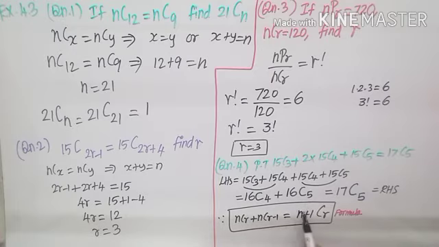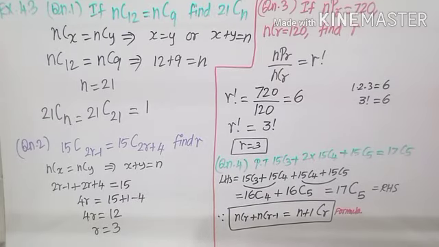N will become N plus 1. 16 will become 17. 4, 5 consecutive numbers, the bigger number 5 will come. And 17C5 is the RHS, hence we have proved the result. So the formula that we use here is NCR plus NCR minus 1 equals N plus 1 CR.